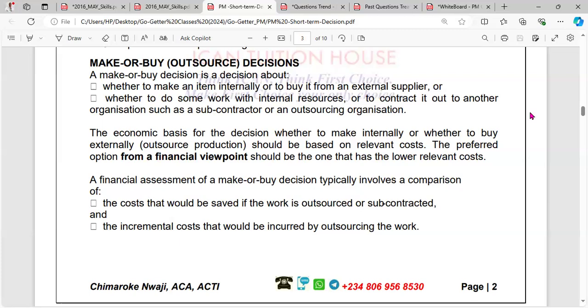So you can decide to make that plastic bottle so that you can house your drink, or you can decide to give it to an outside contractor to do that for you. What about the crates which you are going to put them in? What about the cork which you are going to use to cork them? You can decide that, okay, a subcontractor can do it, or you can do it yourself.